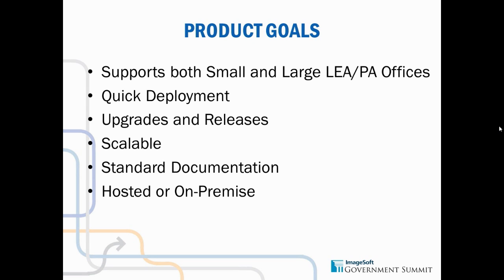It's going to scale for both of those size offices. It's going to be quickly deployed, like what we did at Lenawee County. It's going to support upgrades, so as the solution evolves, we're going to be able to upgrade it easily. It's going to be scalable out to the courts, so not just between law enforcement and the prosecutor's office, but out to district court and circuit courts as well.